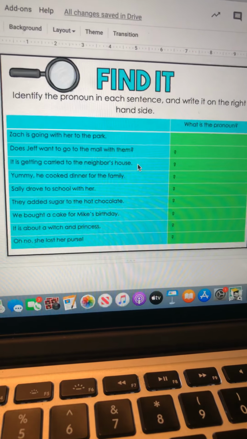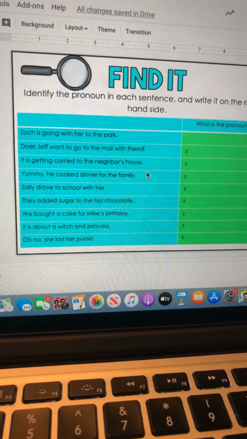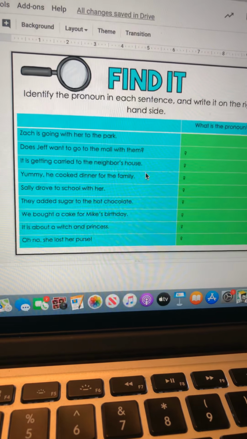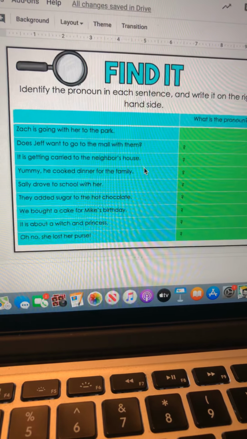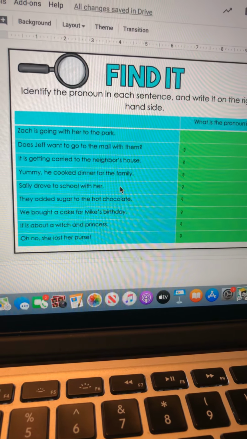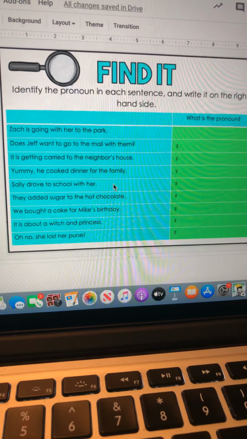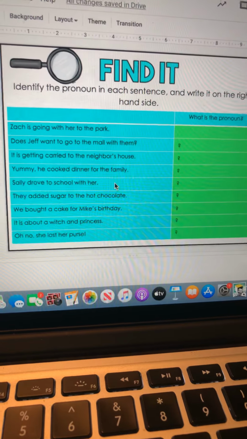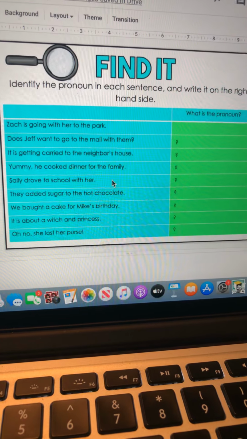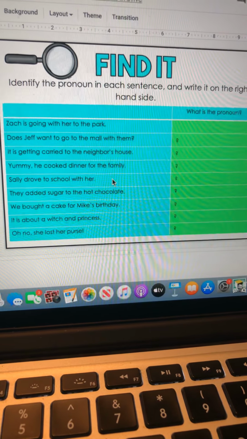The next one. Yummy. He cooked dinner for the family. The next one, Sally drove to school with her.